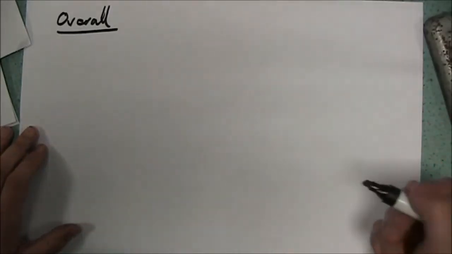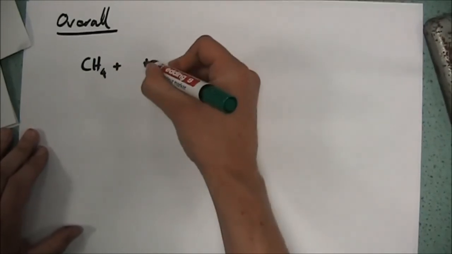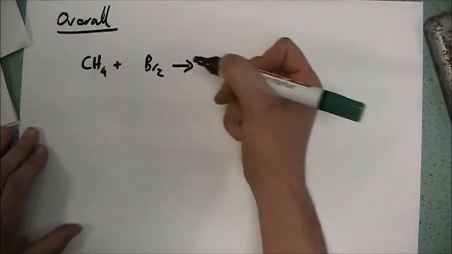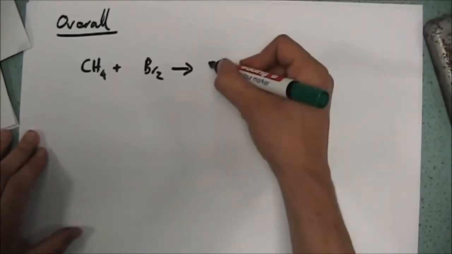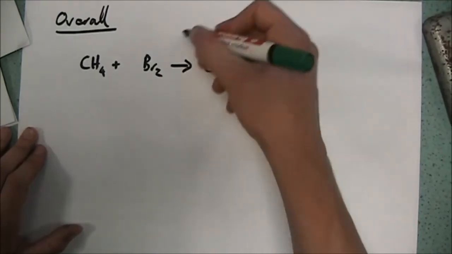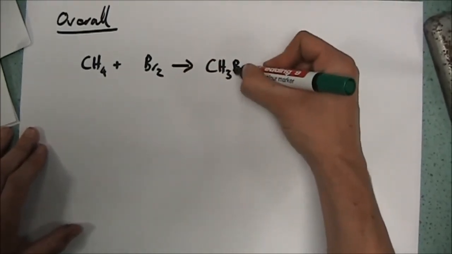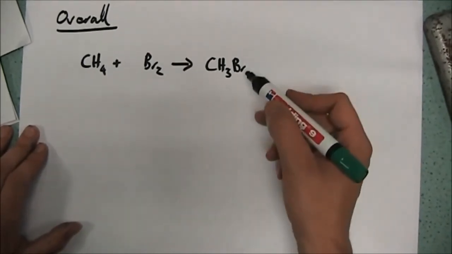So to work out your overall equation, you need to say, right, okay, well, what was the original chemical we put in? We put in methane. And we put in bromine. What did we get out? Well, with 1 substitution, we got our organic product, CH3, with 1 of the bromines substituted for a hydrogen, so we got CH3Br.